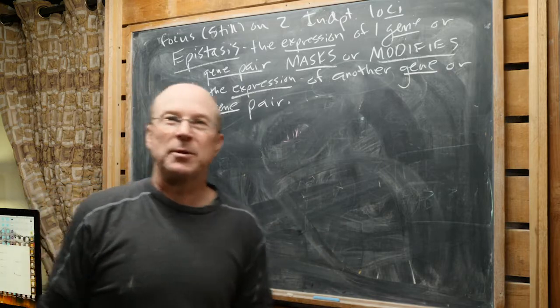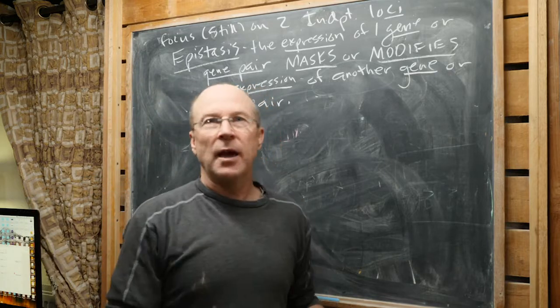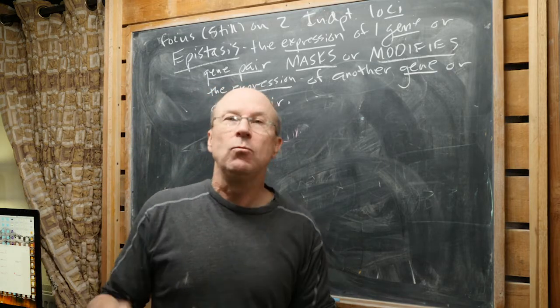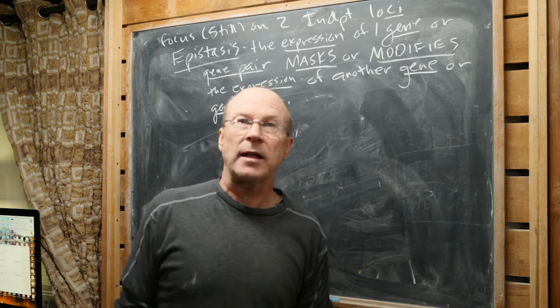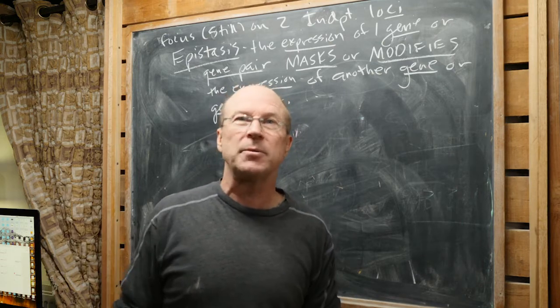There we go, epistasis. Now, that's a complicated definition. We really need to just look at examples for this to become clear. That's what we're going to do. We're going to look at examples of epistasis.